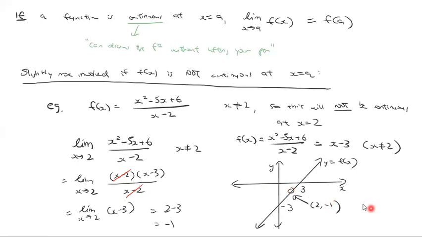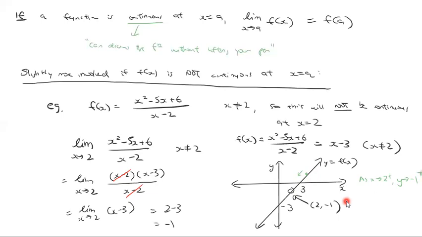Now, if you look at the graph, what happens as we approach 2 from the right? Think about it. As x approaches 2 from the right, what happens to y? y approaches negative 1. Positive. Yep.